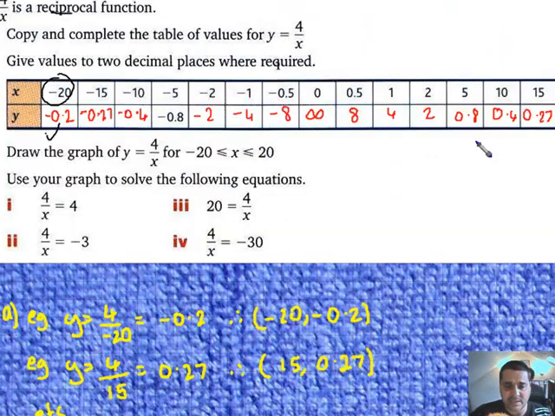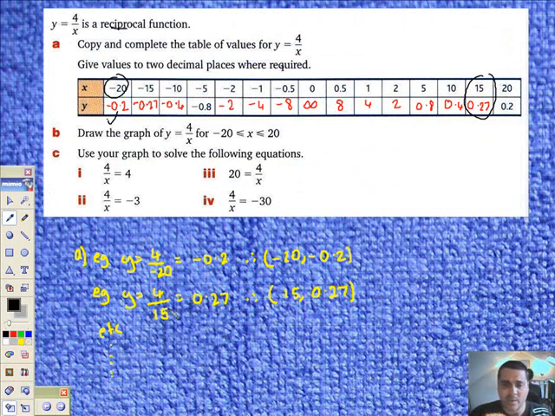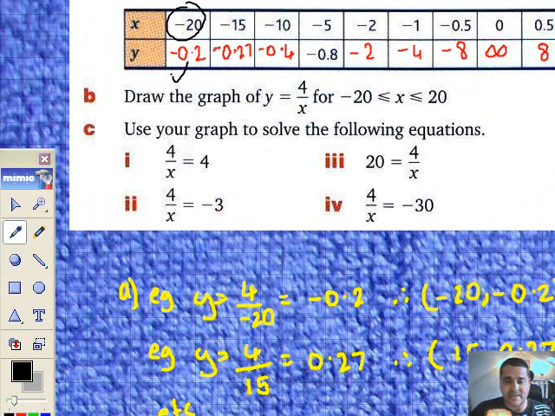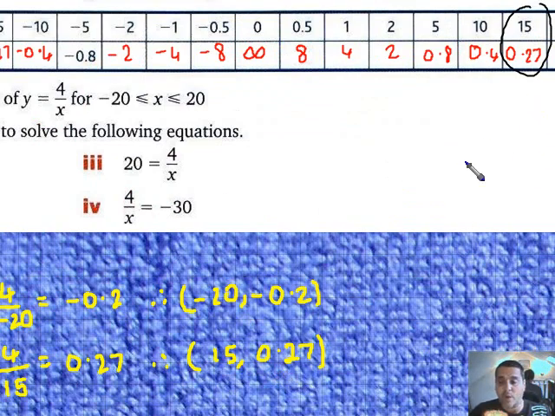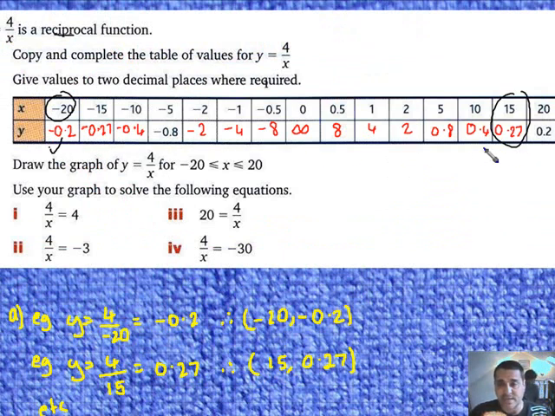Another example, I did this one over here. I said y equals 4 over x, and I took the x value of 15. So I went 4 over 15 with my calculator and got 0.27. So therefore I've got the point 15, 0.27 for the y, and that's that. And I worked all the way across the table as shown there, worked out all the values and plotted them.